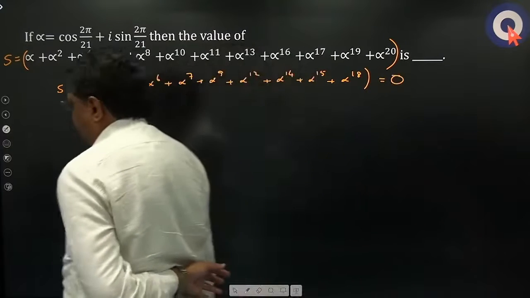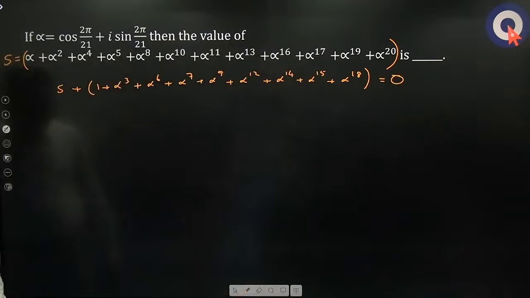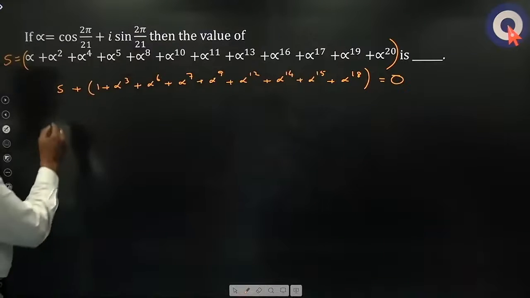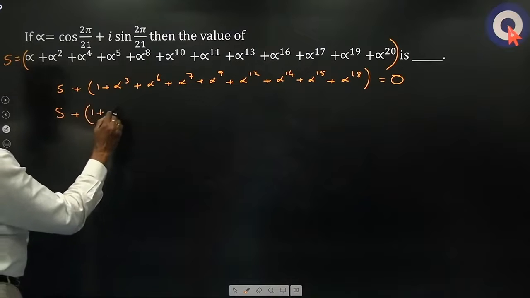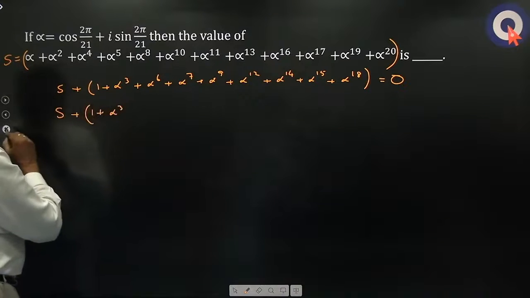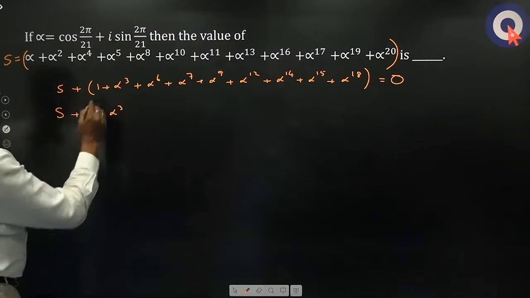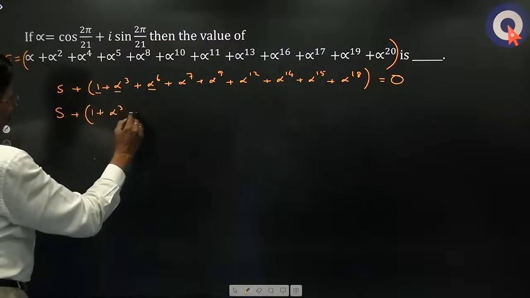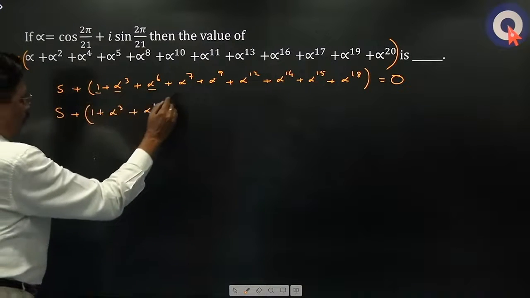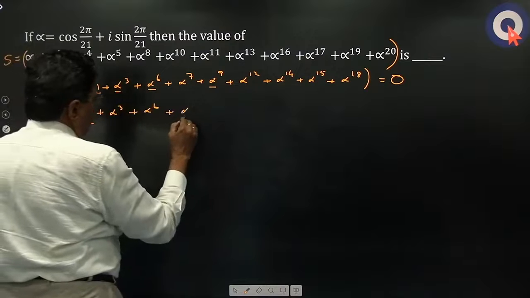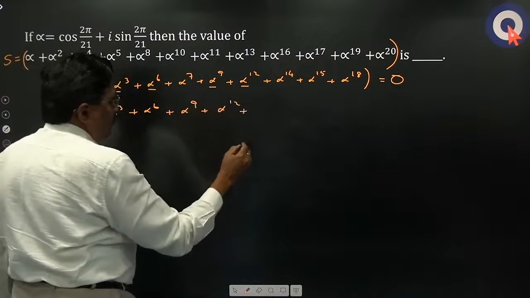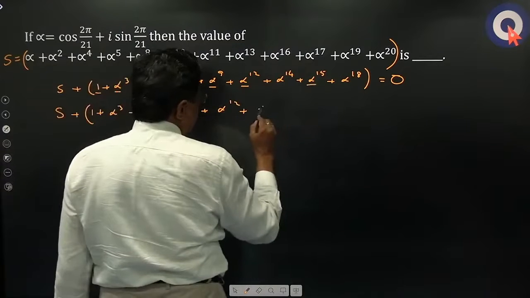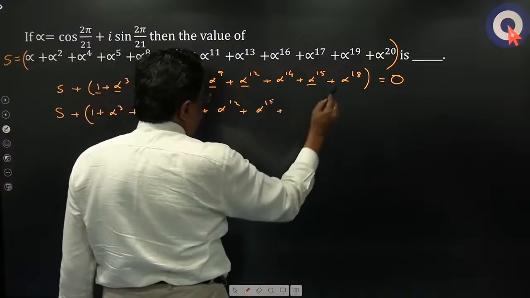We shall write this as S plus 1 plus alpha cube plus alpha power 6 plus alpha power 9 plus alpha power 12 plus alpha power 15 plus alpha power 18.